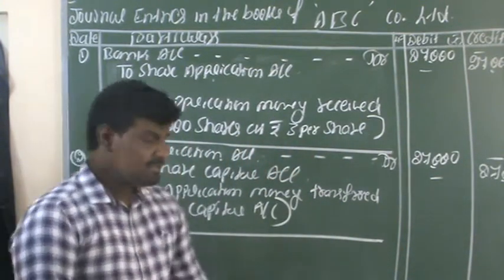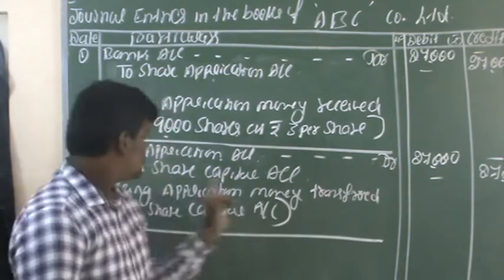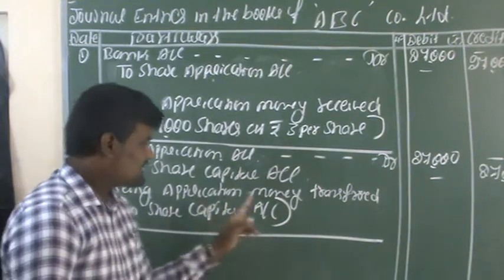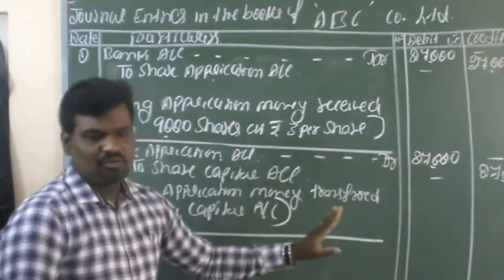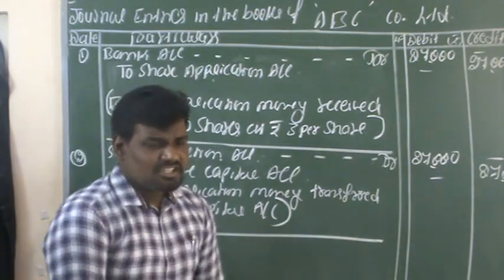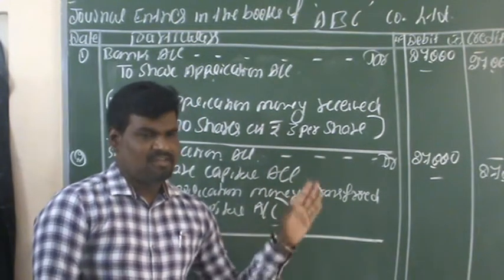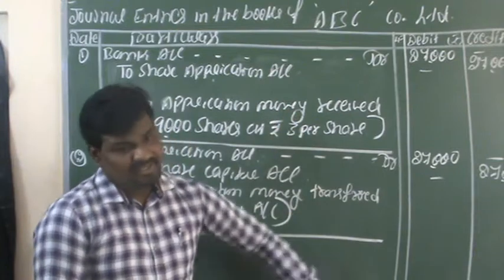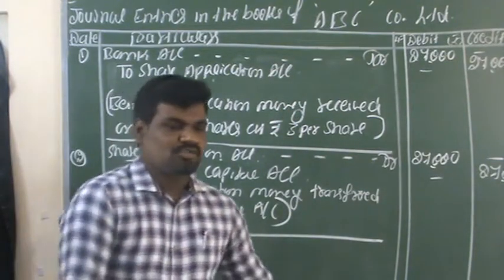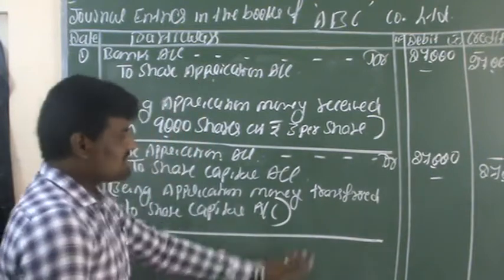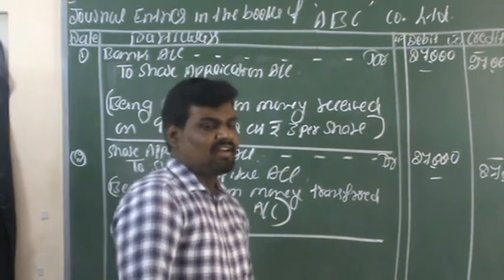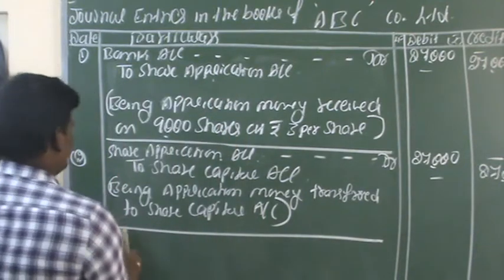The second entry, share application account debit to share capital account, narration: being share application money transferred to share capital account. These are the two entries for the application process. Each stage contains two necessary entries: one entry for the money received, the second entry for the transfer. So as of now, we have finished the application process, with two entries. The next stage is the allotment process.